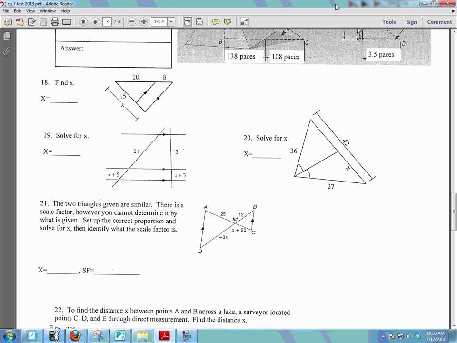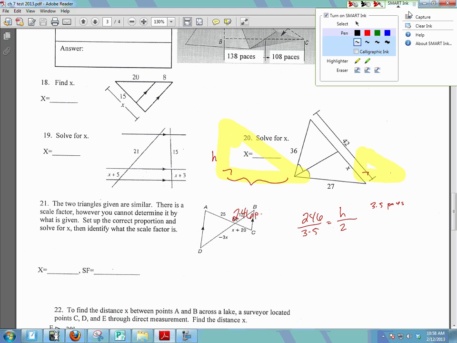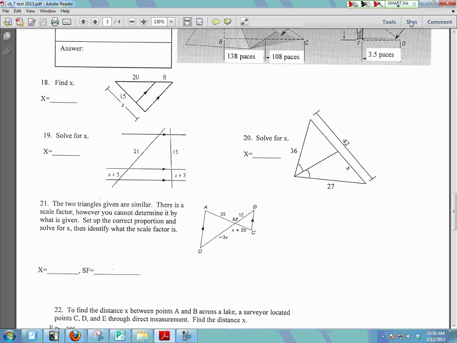Looking at number 18, there are a variety of ways to do the next couple. I'm going to do it the way we talked about in class, and the way the theorems we talked about in class were explained to you in the text.